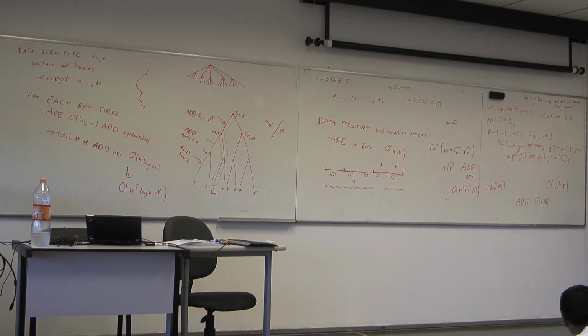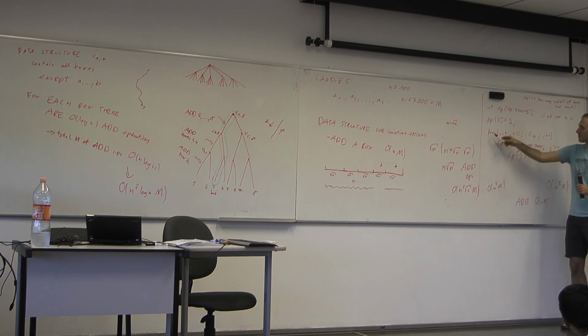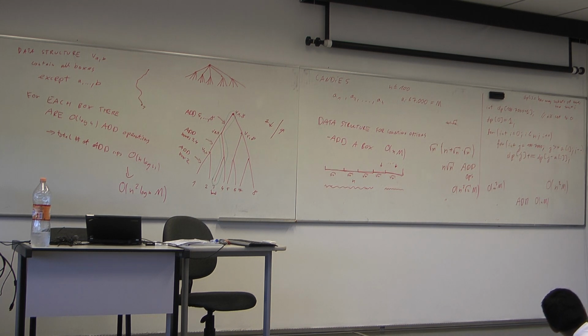And how to calculate that? Well, the change is slight. I just did it. So what happens now? I'm doing the very same dynamic programming, and I'm saying that, okay, initially for 0, there is exactly one empty subset, which gives me option 0, and then I'm going to add boxes one by one.